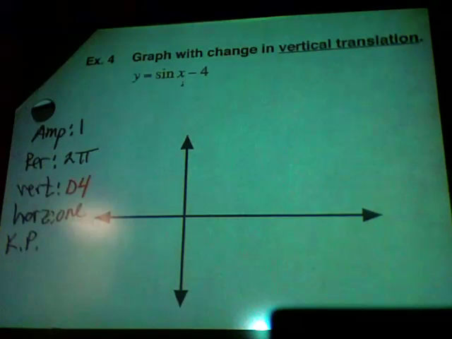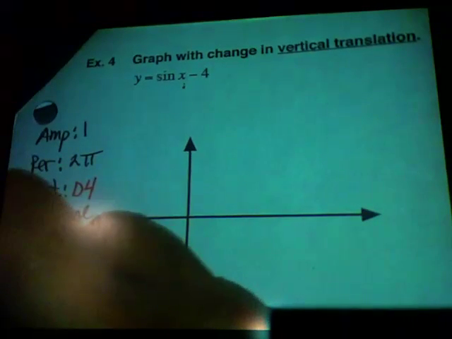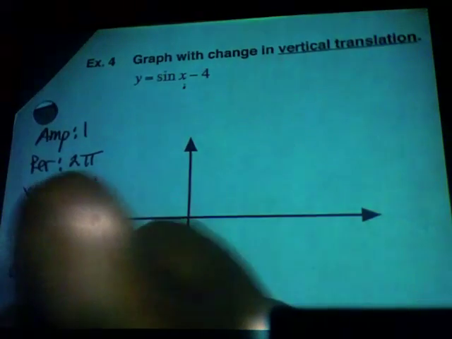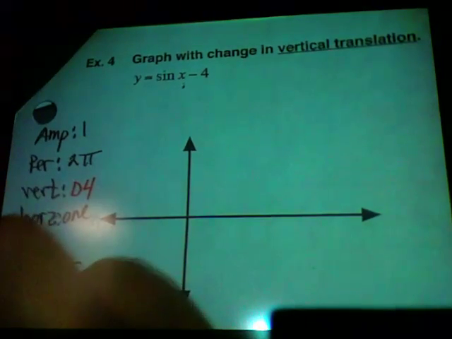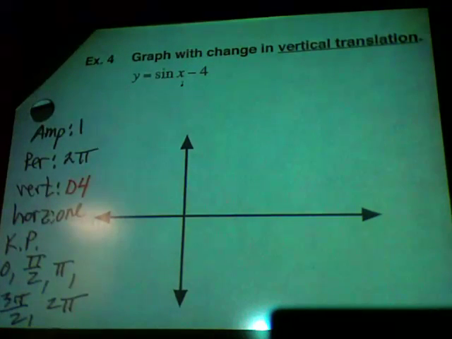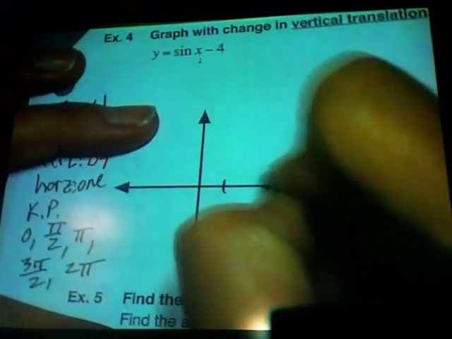The y value's changed because we have a vertical drop, right? So our key points start at what? 0, pi over 2, pi, 3 pi over 2, and 2 pi. All right, so let's partition this out.